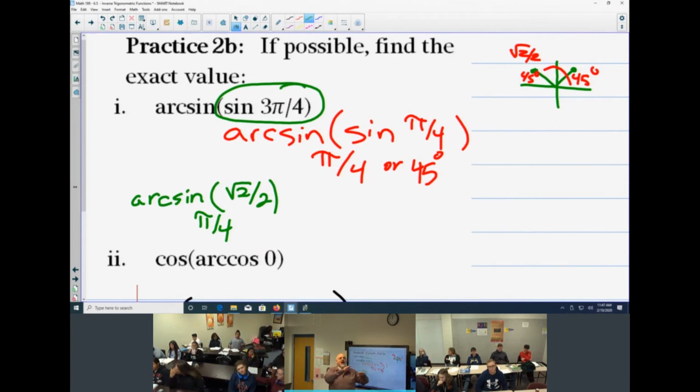Well, see, you've got to know that that's in quadrant 2. The reference angle is pi fourths, so it's the same thing as the sine of pi fourths. Remember when we did reference angles and doing trig functions outside of the 30, 60, 90 triangle? Okay? I would suggest that you haven't done enough practice on those problems.